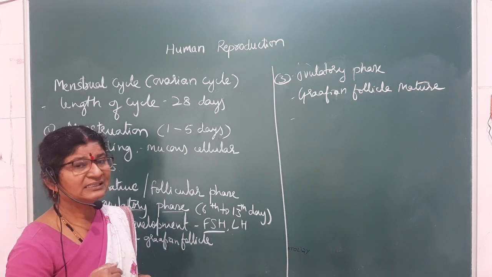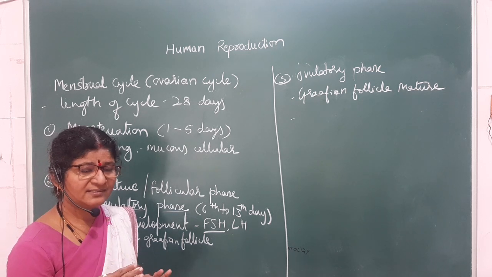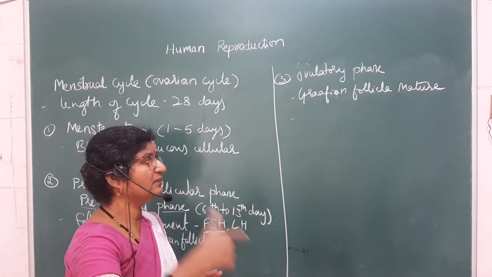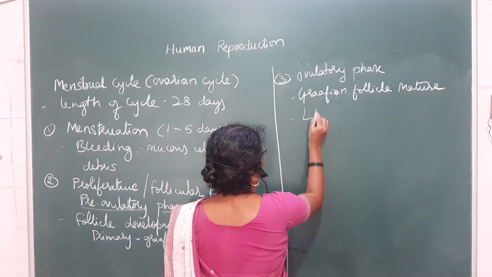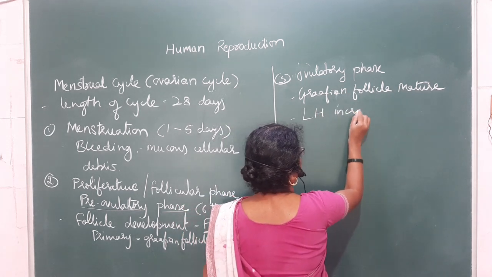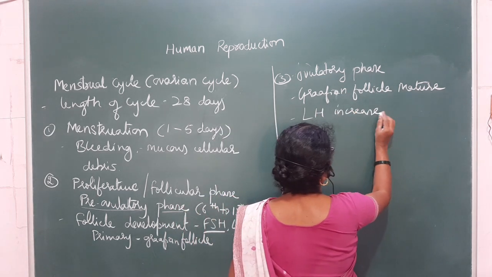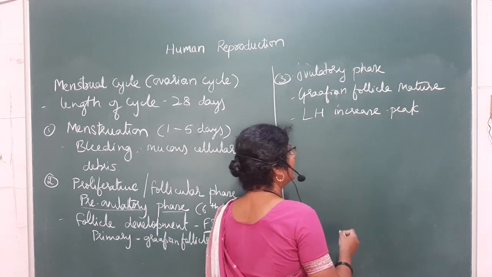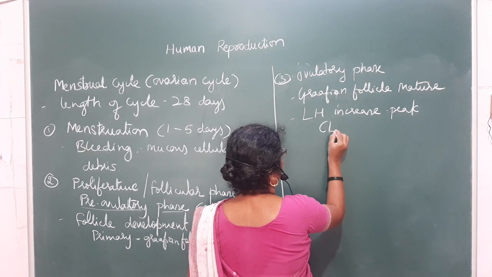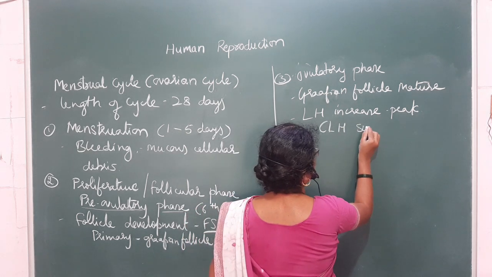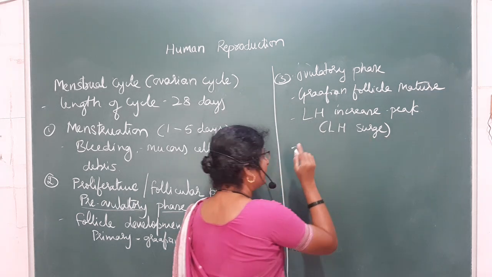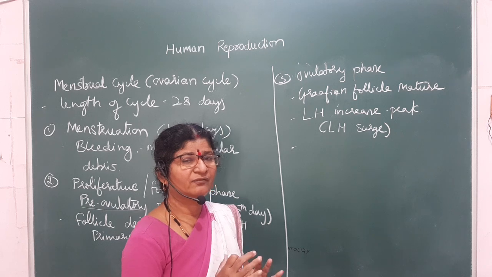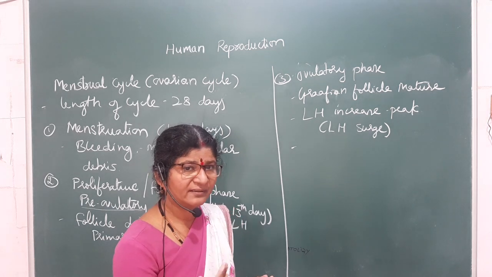That increased estrogen level in the mid-cycle will stimulate the release of LH, and that LH will reach the peak. This is called the LH surge. Under the increased level of LH, the Graafian follicle will rupture and the ova will be released.